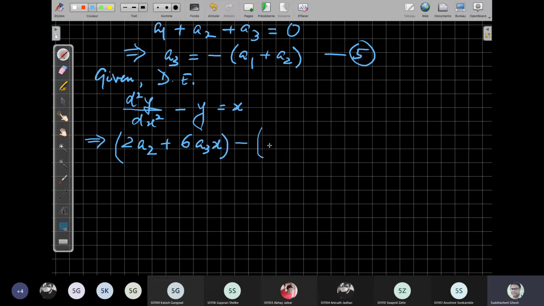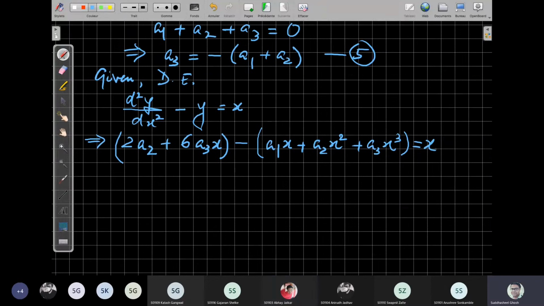So I will write a1x plus a2x square plus a3x cube. This is our expression for y, and that is equal to x.